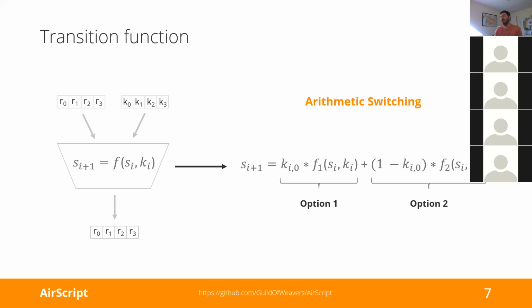So the more you add, the more you have to evaluate. And also, I'll talk about this a little bit later, it increases the degree. Every multiplication you do increases the degree of the transition function and constraints as well. And in terms of prover time, you need to keep the degree as low as possible.